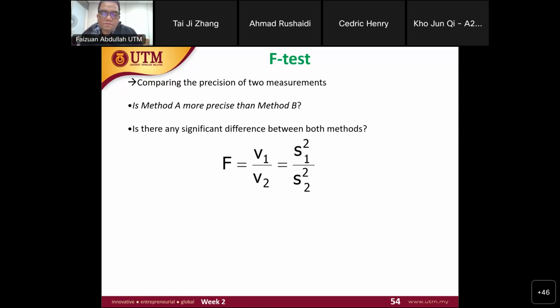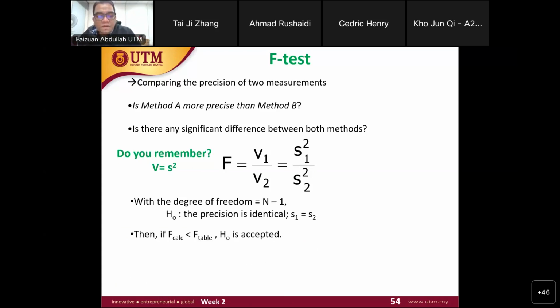So this is the formula of F. Do you remember, the variance V is equal to the standard deviation squared. So we have 2 sets of data, F equals V1 divided by V2. So it is s1 squared divided by s2 squared, because variance is standard deviation squared, with degrees of freedom n minus 1.